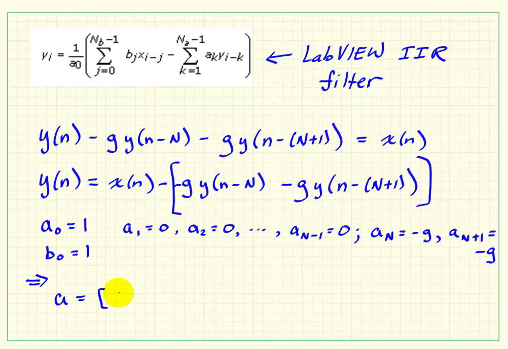Now our vector of so-called reverse coefficients, A, would look like one, a whole string of zeros, and two minus g's.